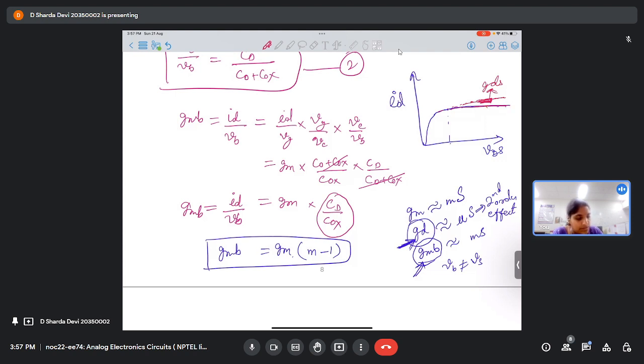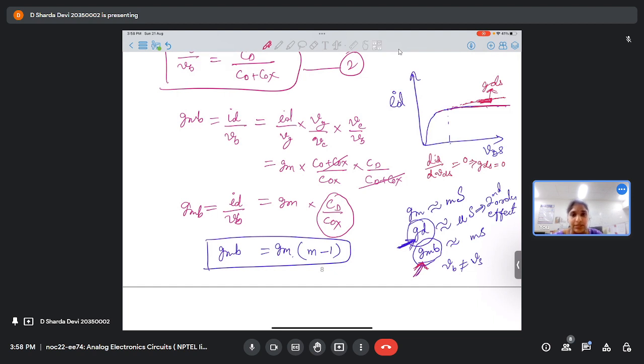Here you can see dID by dVDS is actually 0. इसका मतलब GDS is actually 0. Yes, ma'am. So ये slope की वजह से we get this GDS factor. और GMB जब हम बोलते हैं तो this comes because of the voltage mismatch between body and source terminal.